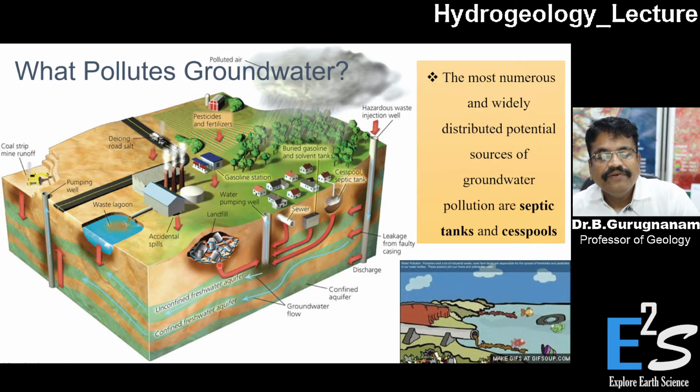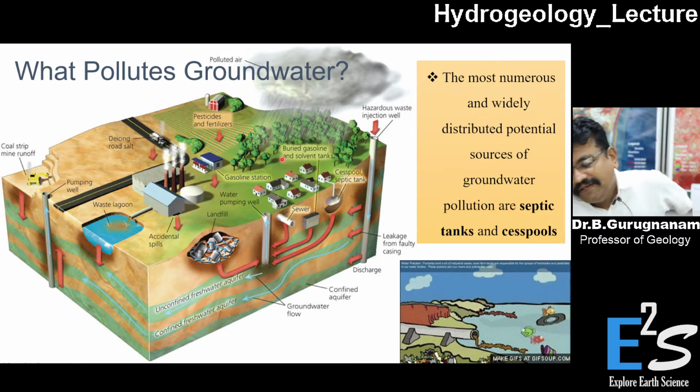And you have other waste, landfill, you are keeping everything here, and buried gasoline which you are using also gets into the system, and the sewer system which you are connecting also enters the water, and septic tanks, as I said. All these things, and hazardous waste injection into the subsurface, because of leakage from faulty casing, also get into your water system, and when you start using this by water pumping, then it is a serious issue.